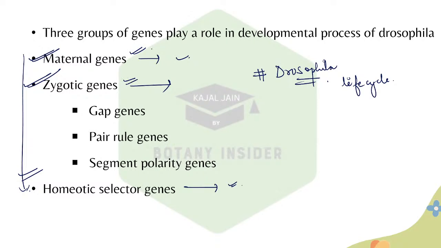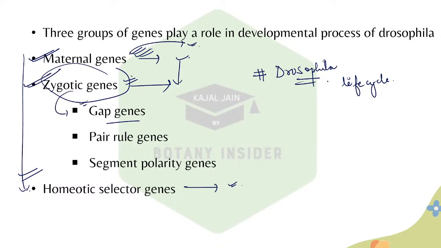In the case of zygotic genes, you have three subtypes. First the gap genes, then the pair rule genes, and then the segment polarity genes. First the maternal genes will activate, then after their functionality is completed, the zygotic genes will get activated.